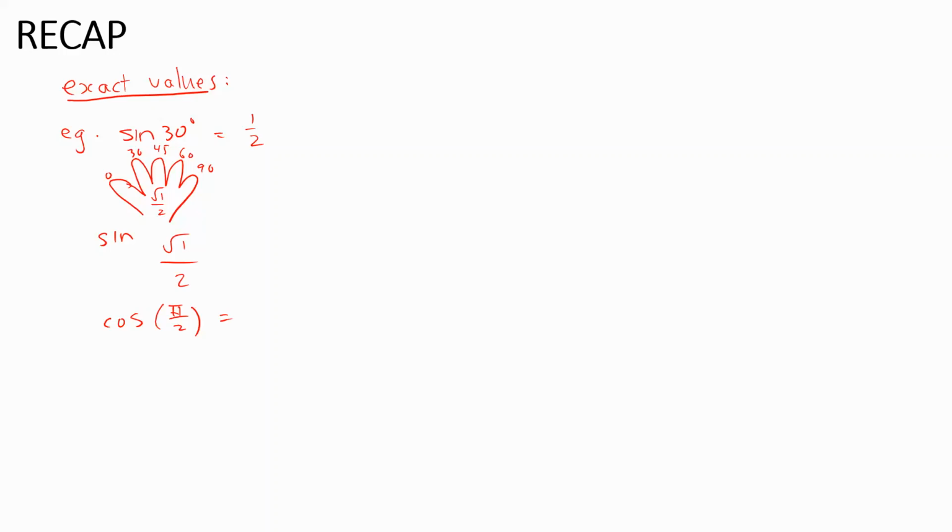So count the number of fingers on the right-hand side of that pinky. 0, so it's... What is it? You said 0. Yeah. Formula is root of 0 over 2. Root of 0 is 0. 0 divided by 2 is not undefined. It is 0. Okay?